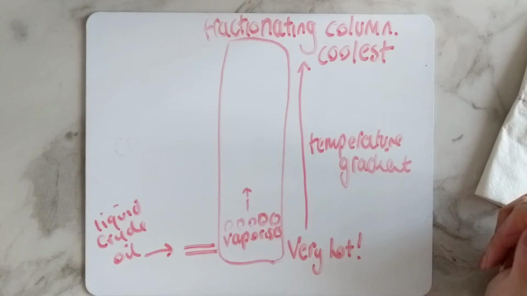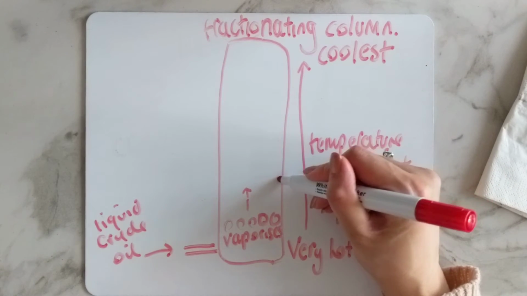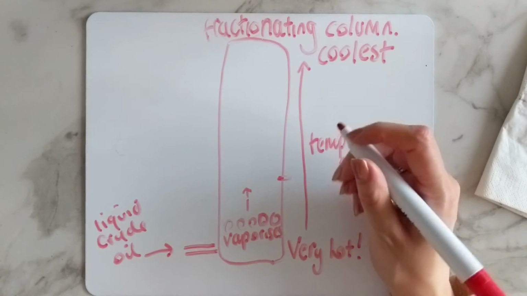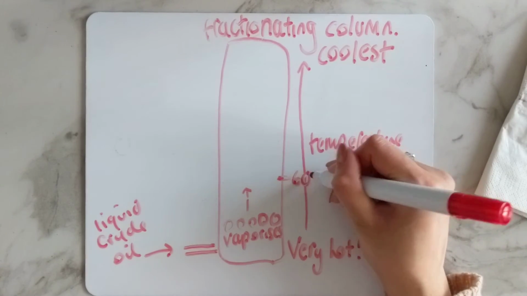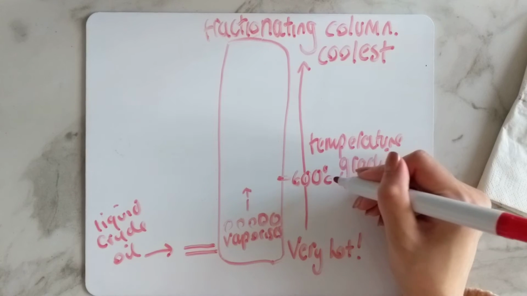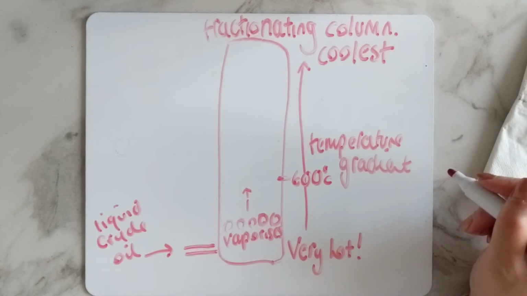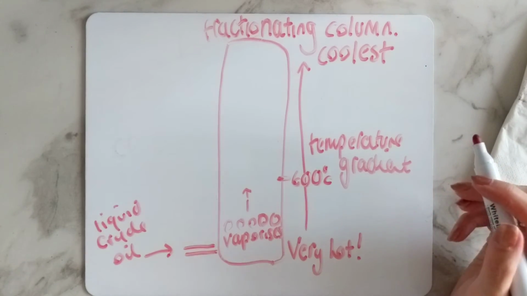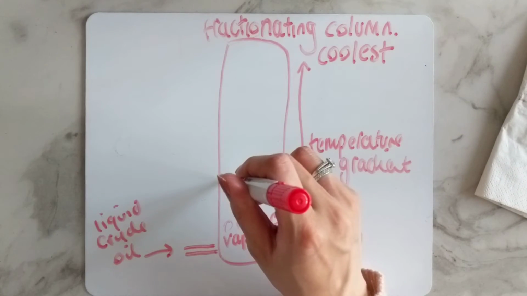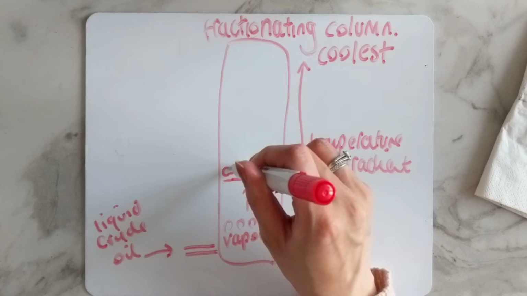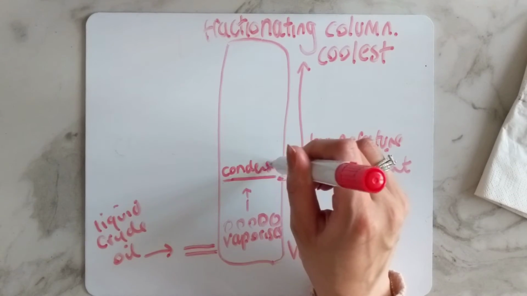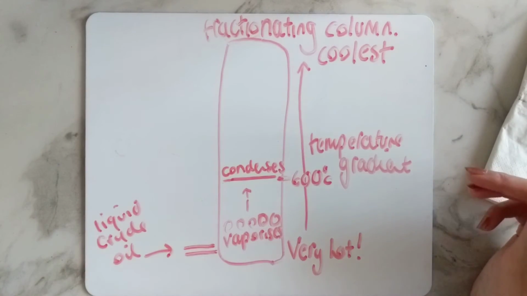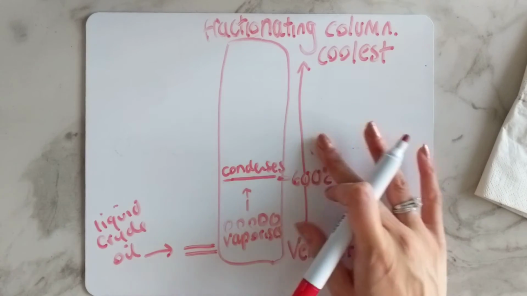Let's say, making up some numbers, at 600 degrees my diesel has hit its boiling point. So diesel condenses at this temperature. Condenses means turns into a liquid.